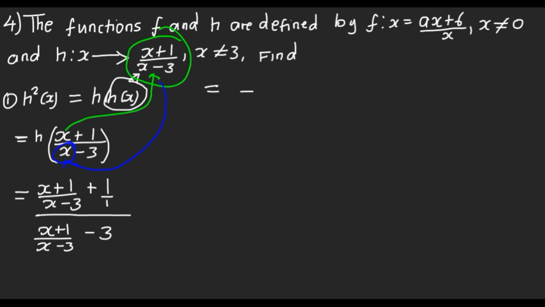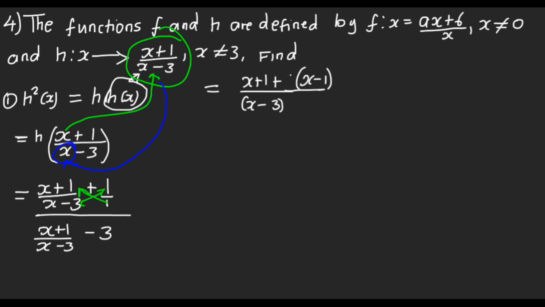For the first part, the lowest common denominator is just x minus 3. So x minus 3 into x minus 3, this and this cancel, giving us 1. So it's 1 times x plus 1 plus 1, then this one will just be x minus 1. The key point is you just cross multiply. So this will multiply with this one, this will multiply with this one. So that's the concept.